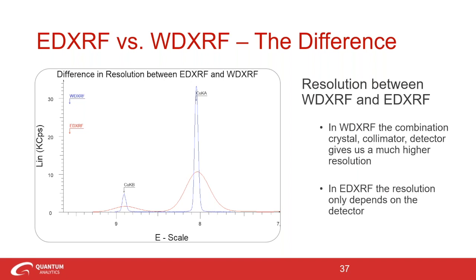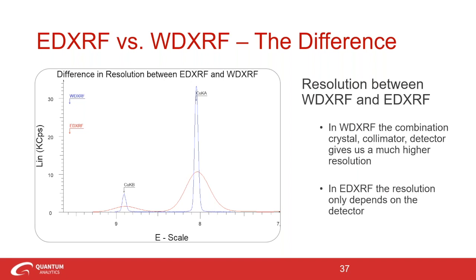I think that's clear here, but with better resolution, you get less spectral line overlap and a more accurate calibration. In a WDXRF, if a spectral line cannot be resolved from the spectral line of interest, then we can try a different alternate crystal, or maybe even a finer collimator.